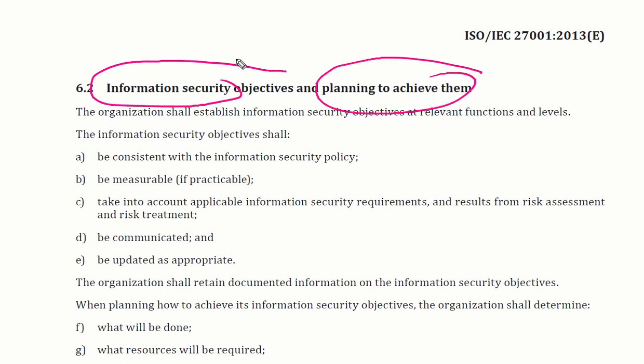Here you need to define the information security objectives, and accordingly prepare a plan for how you are going to achieve them. So this was the requirement there.